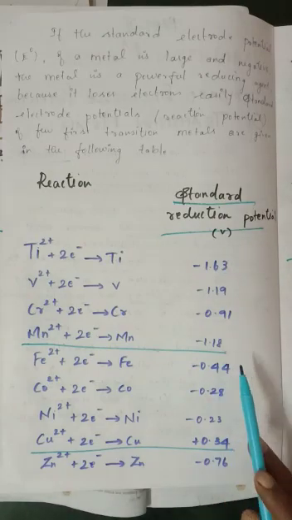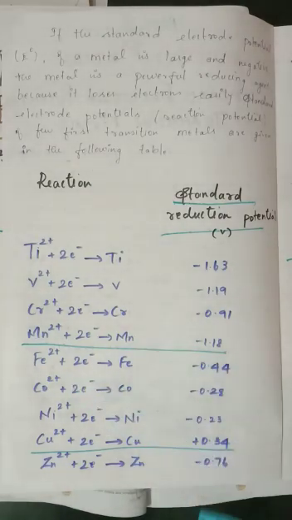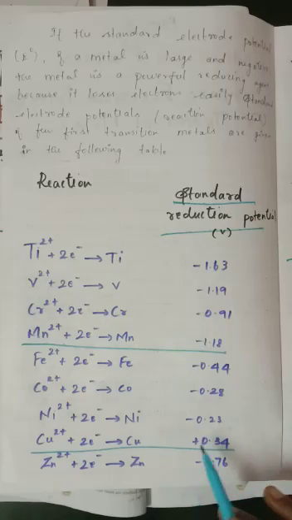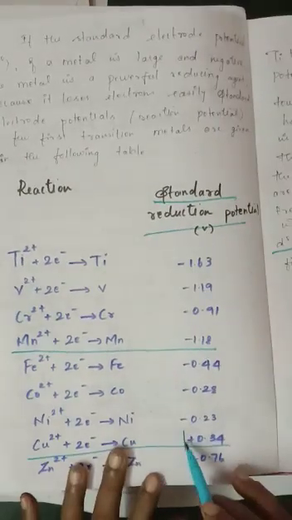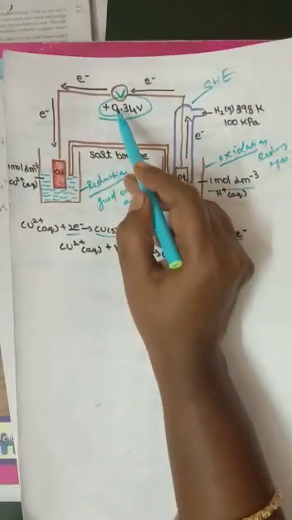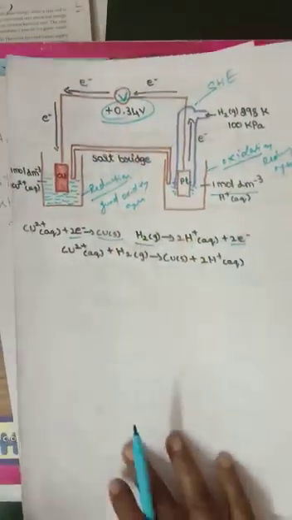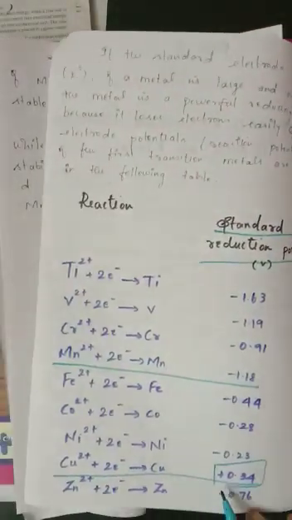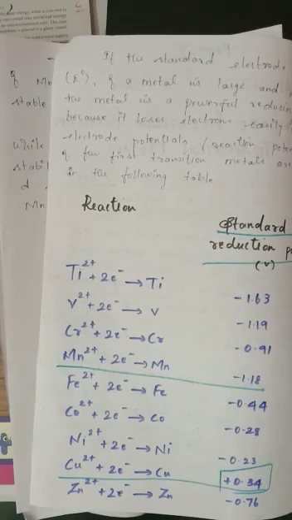So manganese alone is an exception. Likewise iron, cobalt, nickel, and copper show positive values, as I told you in the last video. So copper shows a positive value, plus 0.34 volt.